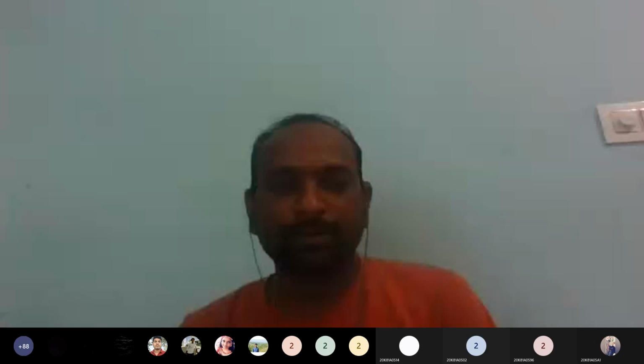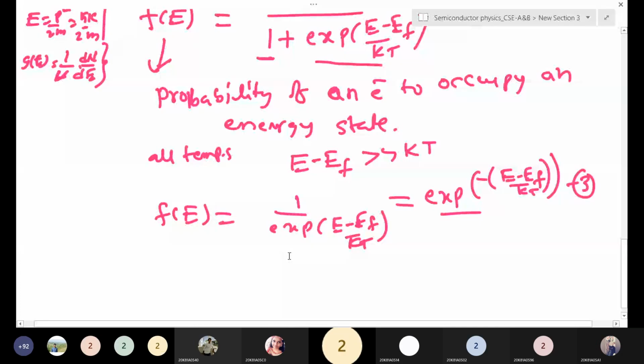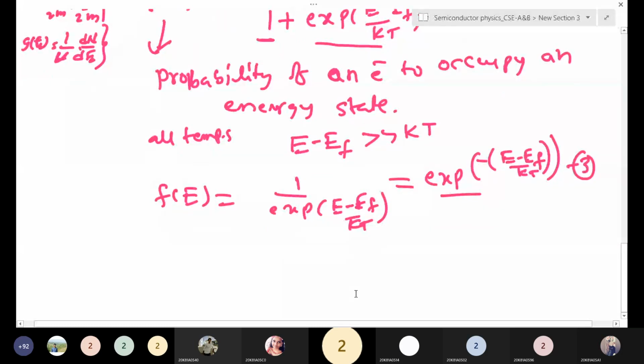Now N is equal to the integration from EC to infinity, with the exponential of minus (E minus EF) by KT. And what is the density of states? The density of states means nothing but the available energy levels: 4 pi by h cube, 2m, where m is the electron mass.